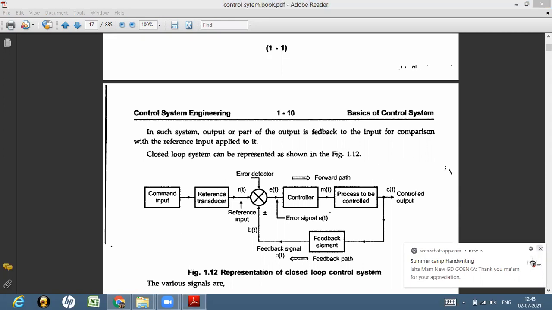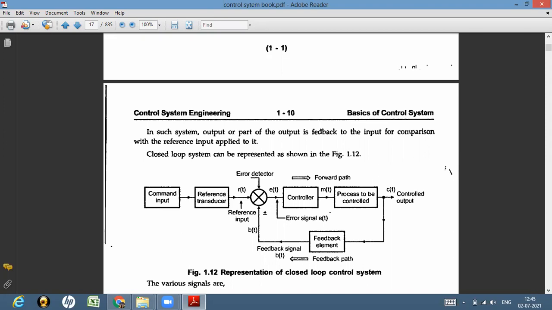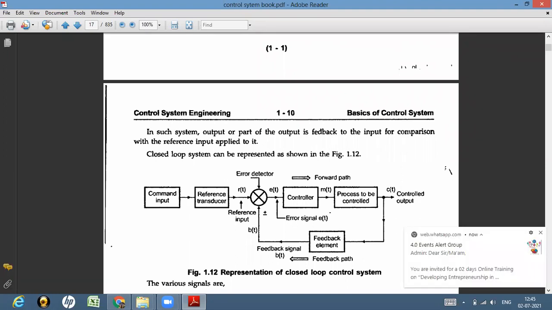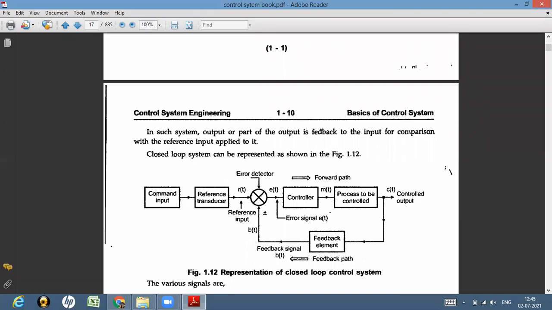From the controlled output C(t), a feedback element is present, and that feedback element goes from the controlled output to the input. One of the most important things you should keep in mind is that a system can be controlled only and only if there is feedback present.